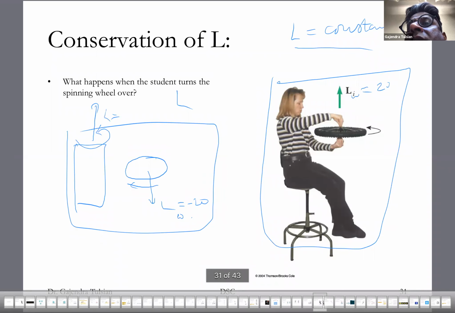It has to be, for the lady, 40 units. 40 minus 20 is 20 units. Okay, so this is really a very spectacular demonstration, and I urge you guys to go see it on YouTube.